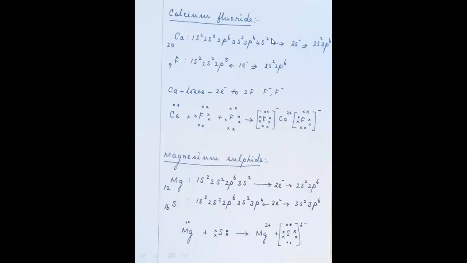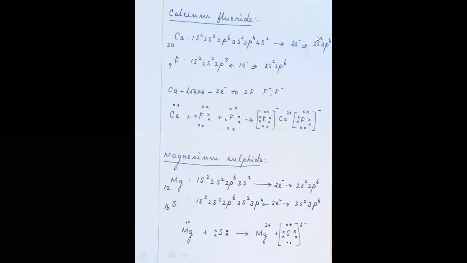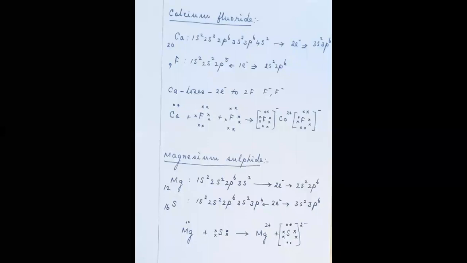So when they are lost, the electronic configuration becomes 3s2 3p6, which is exactly that of a noble gas. Similarly, if you take fluorine, whose atomic number is 9, the electronic configuration is 1s2, 2s2, 2p5. When it gains one electron, it becomes 2s2, 2p6, which is like a noble gas electronic configuration.